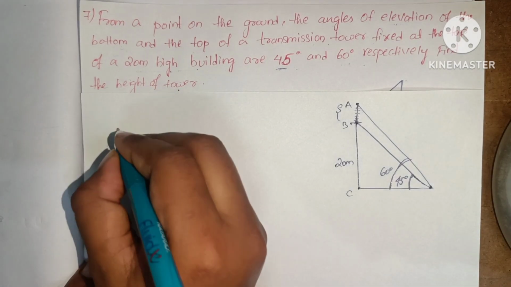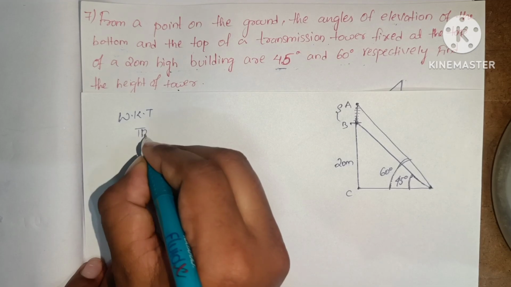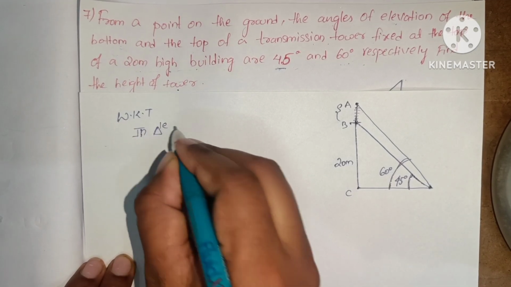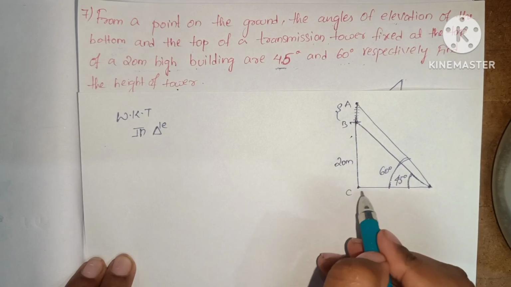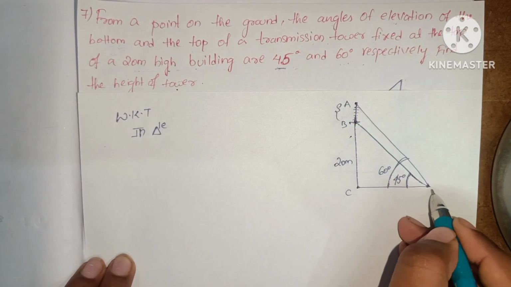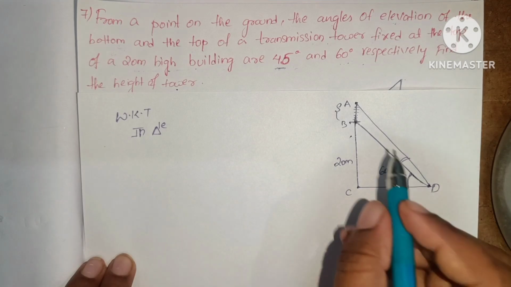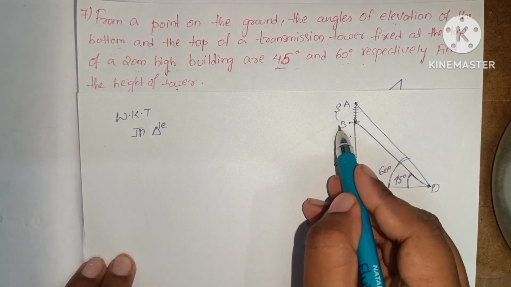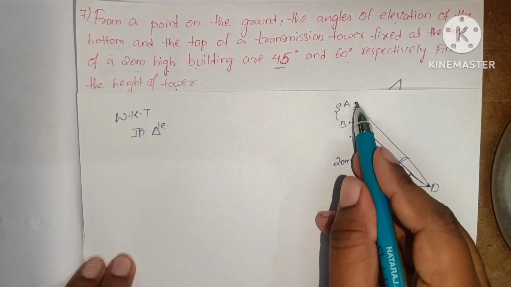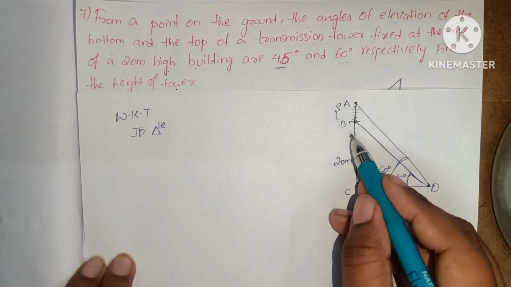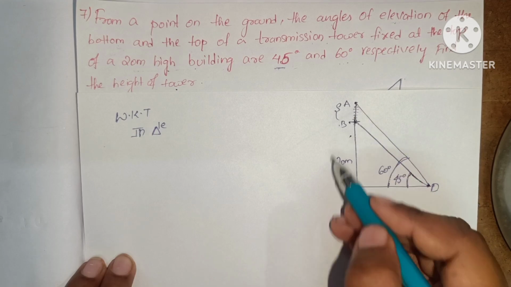So we know that in triangle, first let us take this small triangle, then you will take the big triangle. I kept the names here as A, B, C, D. For finding AB, the height of the tower, you have to find the total height AC. Then from AC you will minus BC, and you will get AB.